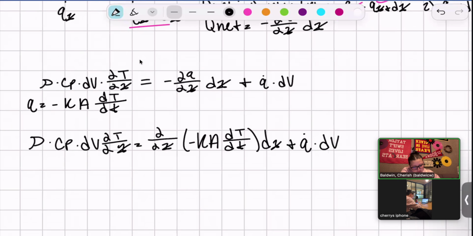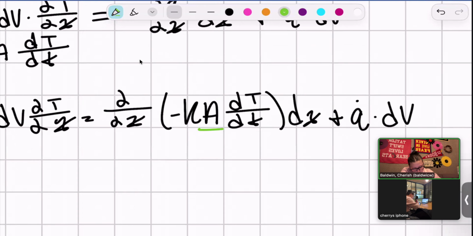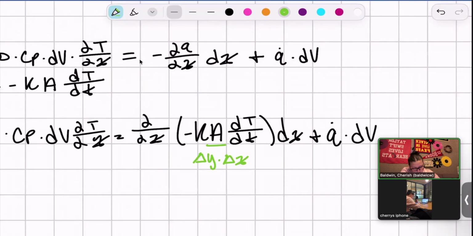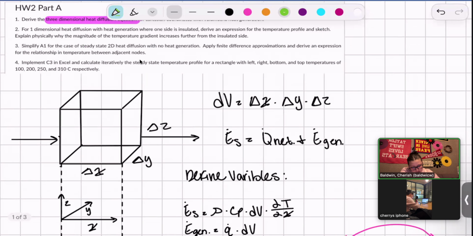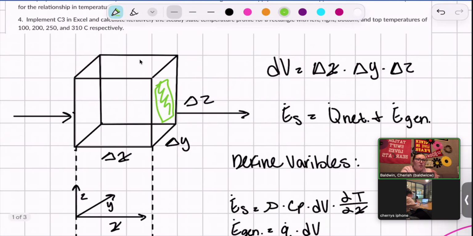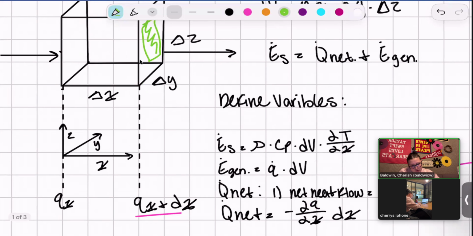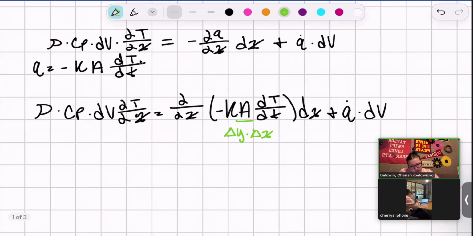So this area here is delta y times delta x. We get that from this side, the area of that surface, because that's where everything is flowing through. So we can cancel out dV.